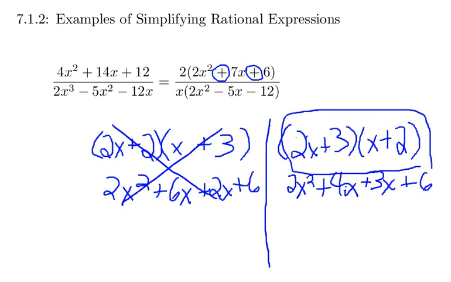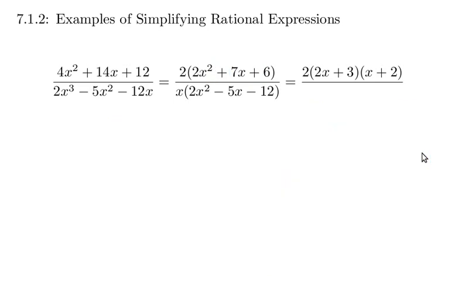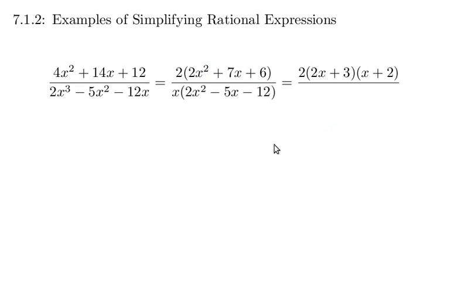On the next one over, I'll write that as 2 times 2x plus 3 times x plus 2. So for the numerator, I just factored this into 2 times 2x plus 3 times x plus 2. Okay, now I'm going to clear all that off, making sure that the screencast program understands that I want that cleared.